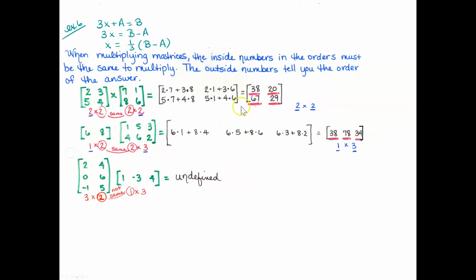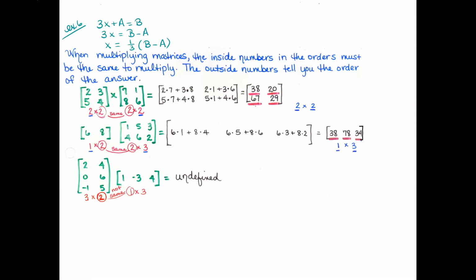Something else that's important is that the outside numbers in your order tell you the order of your answer. So if I look at this first one, my outside numbers are a 2 by 2. So that tells me that my answer is going to be a 2 by 2. So I'm going to go ahead and come over here and give myself 4 blanks for a 2 by 2.